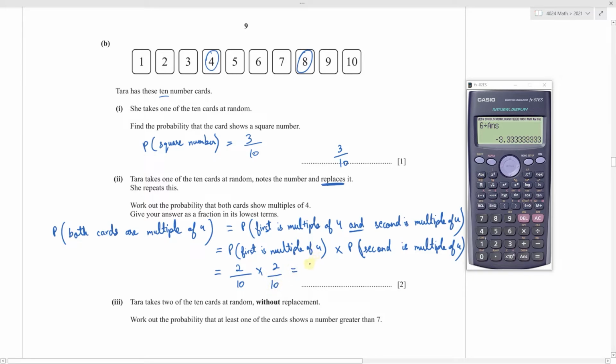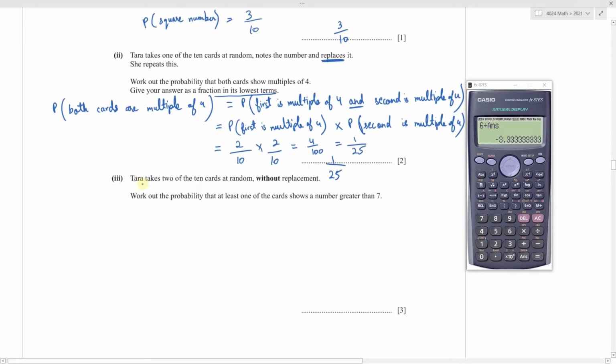So this is 4 over 100, and you have to give the fraction in its lowest terms. 4 times 1 is 4, and 4 times 25 is 100. So 1 over 25 is your probability that both cards show multiples of 4.